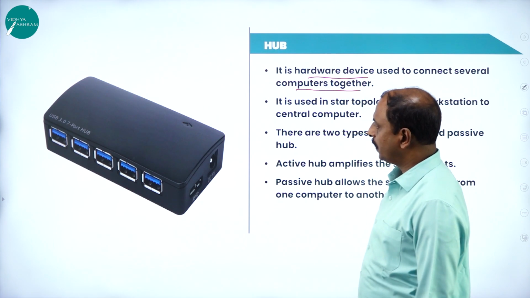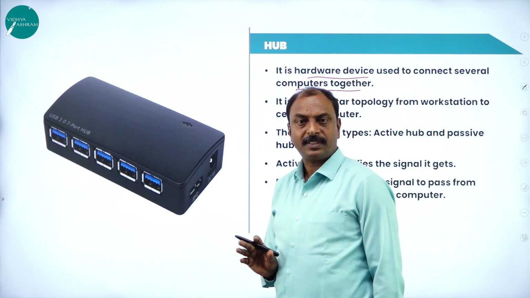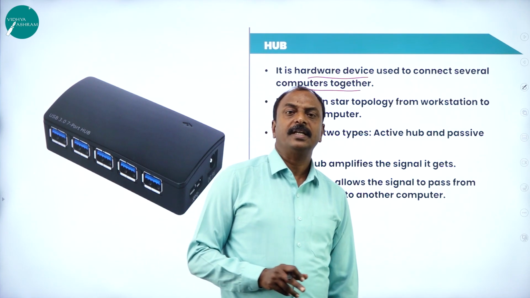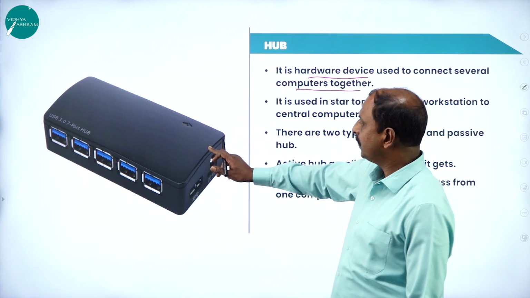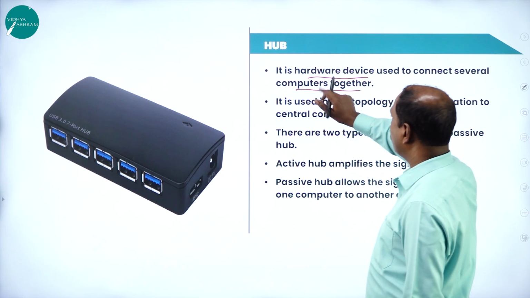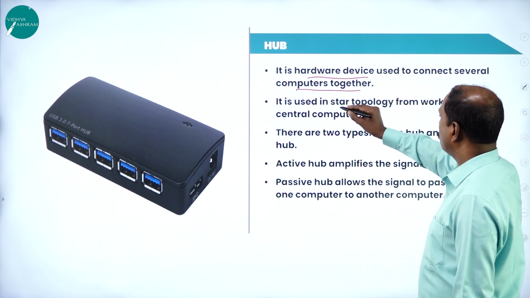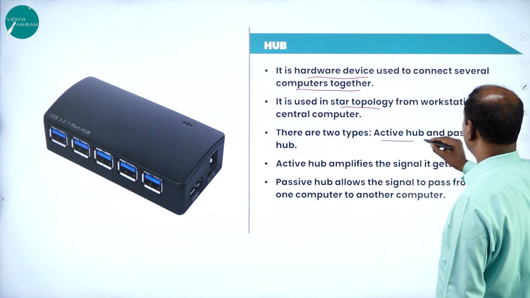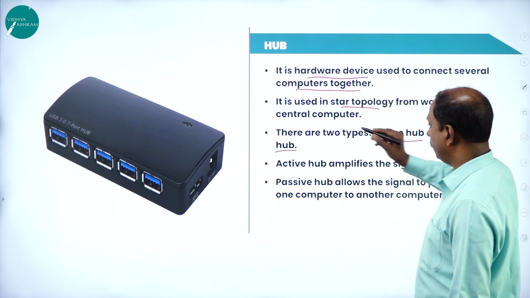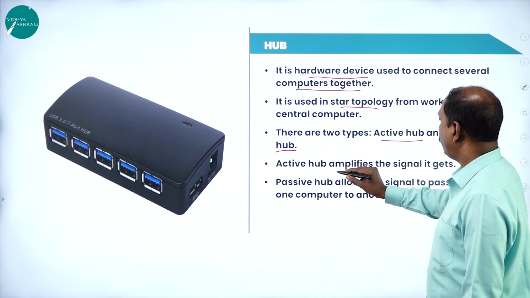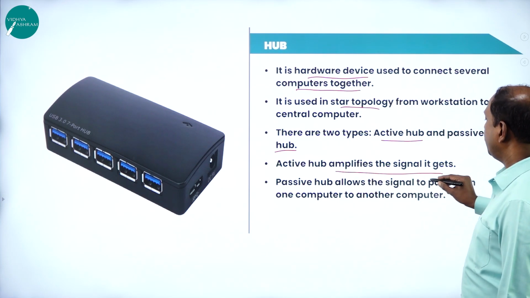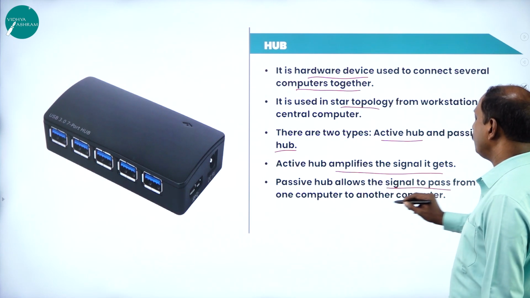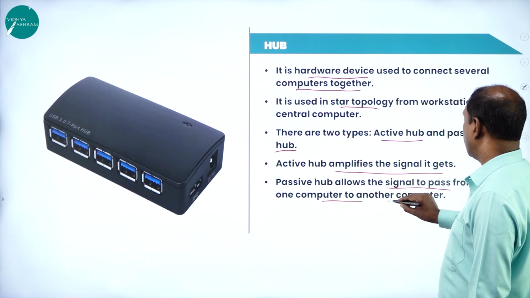In star topology, all the network devices or computers connect to a centrally located device, that is the hub. So this is a type of hardware used in star topology, and there are two types: active hub and passive hub. An active hub amplifies the signal it gets, whereas a passive hub allows the signal to pass from one computer to another.